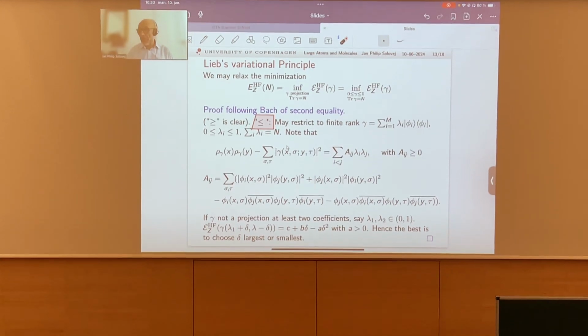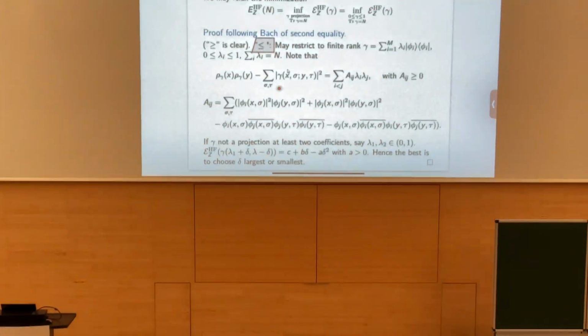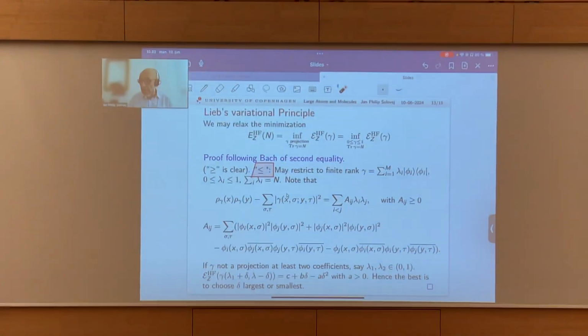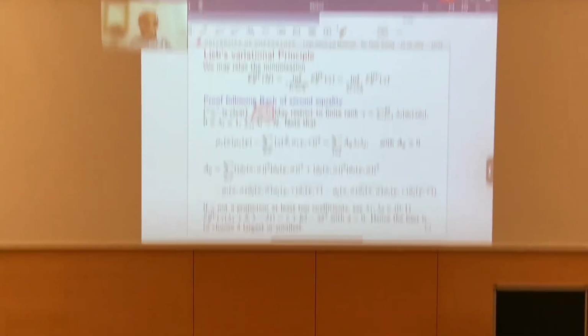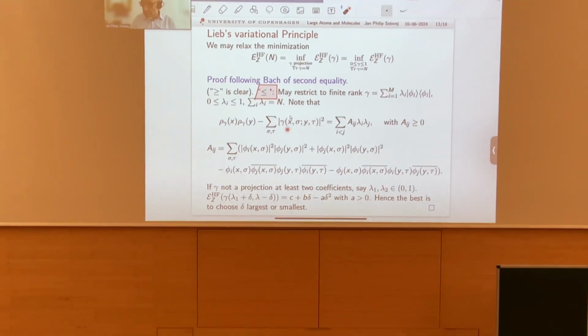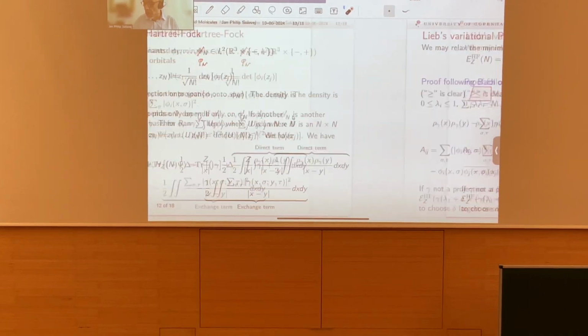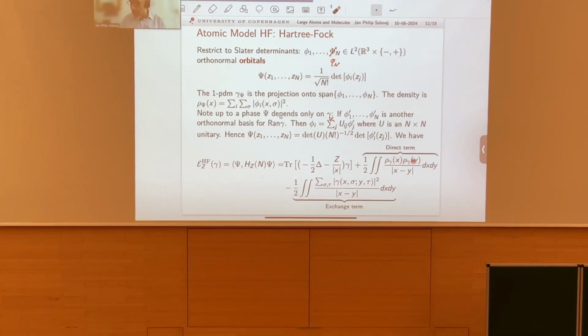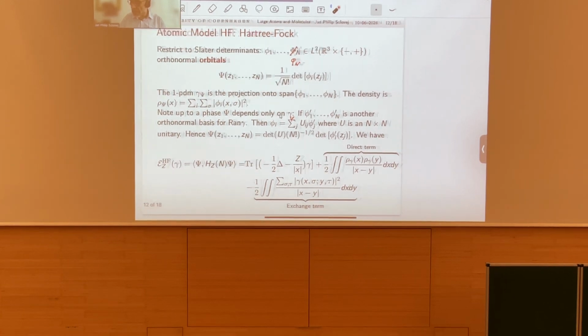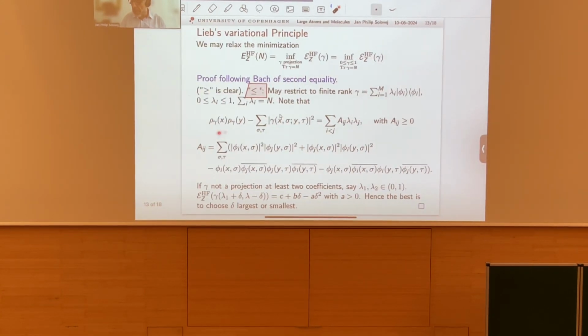Okay, but let me notice that when I calculate this term here, the rho gamma x, rho gamma y, minus this gamma x sigma, gamma y tau, this was exactly the terms that appeared here and there. I'm combining these two terms. So I'm looking at this expression. This is actually what's called the two-particle density matrix.